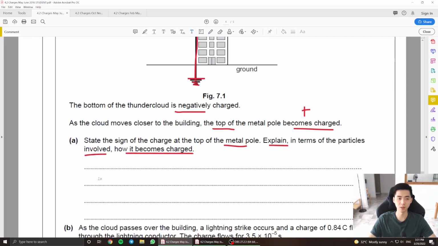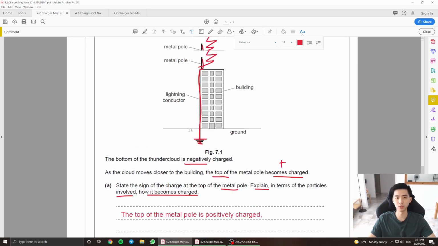So my statement is obviously the top of the metal pole is positively charged. And I need to explain why it is positively charged now. It is simply because the negative charges from this cloud here are repelling all the negative charges from the pole down to the ground.